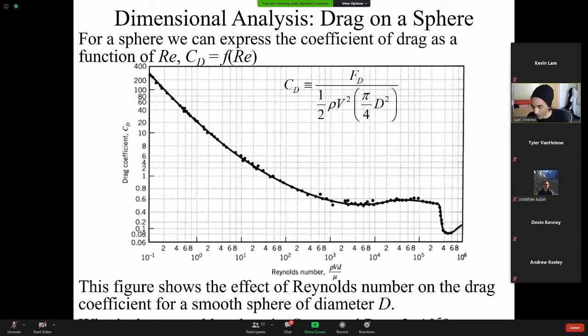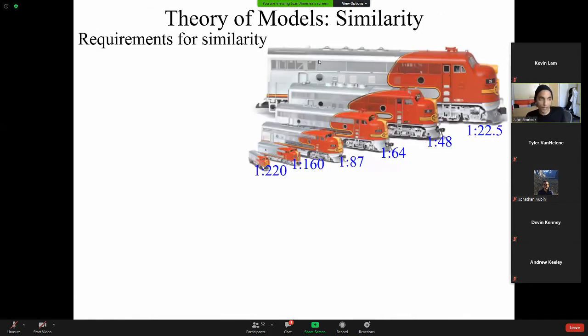So then, all right, let's go to the next slide. We talked about requirements for similarity, and we have these trains. What's really cool about it is you're an engineer, you're doing experiments, and if these trains are the same geometry and everything as the real life train, then you can actually conduct experiments and be able to understand what's going to be the behavior of the fluid flow around the real life train.